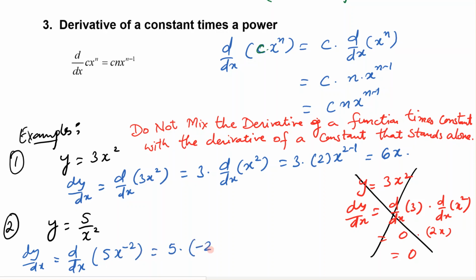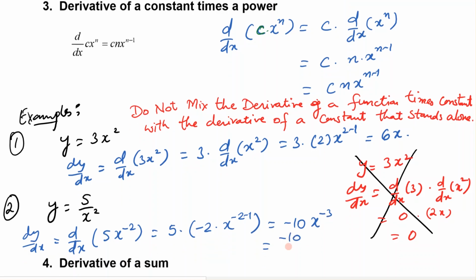Bring the negative 2 power down and then reduce the power by 1, which gives us negative 10 x raised to power negative 3, or in other words, negative 10 over x cubed. That is our required derivative.